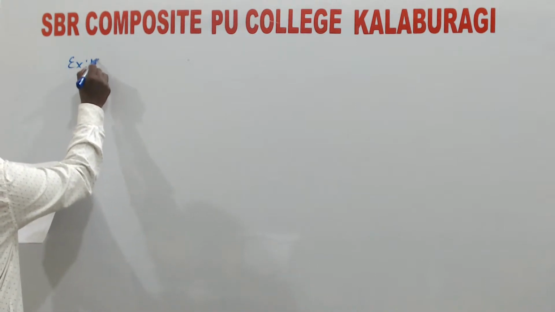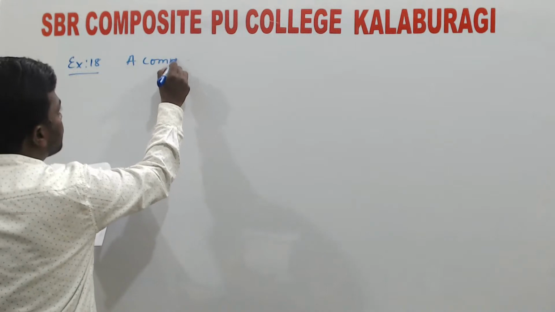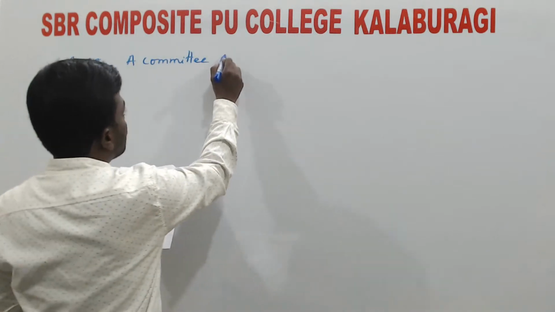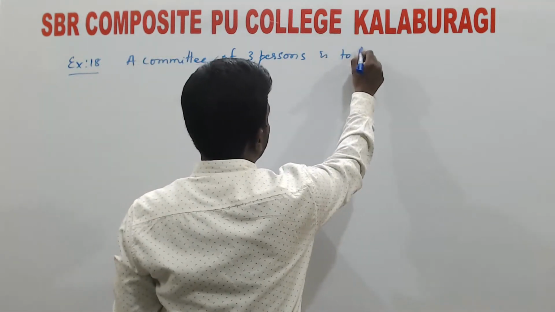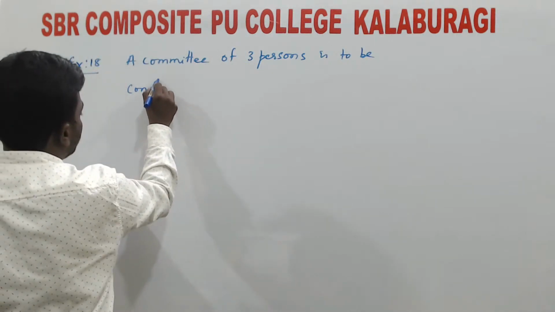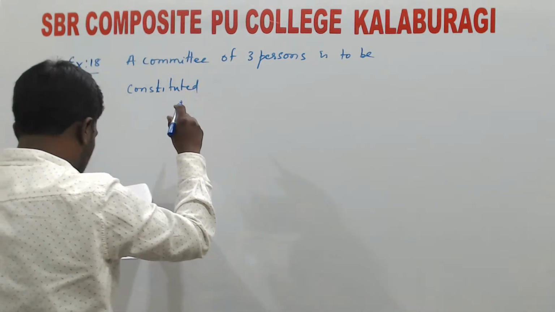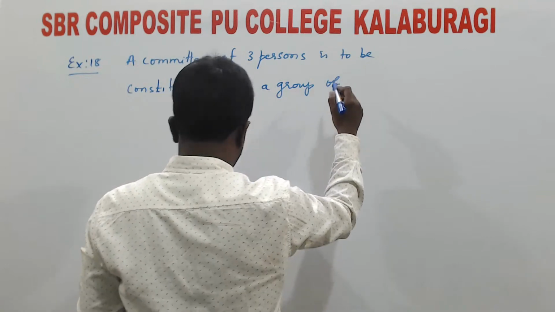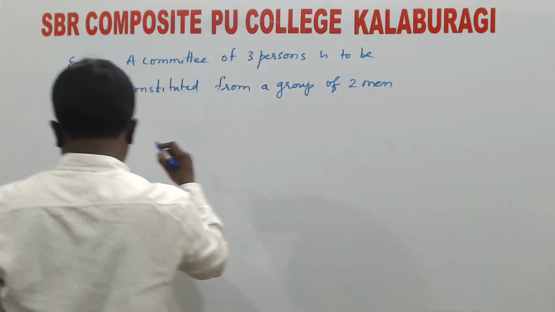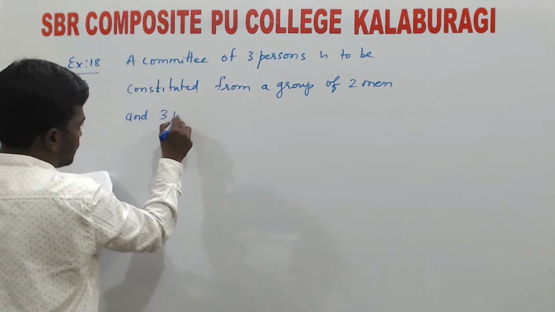So the next example is example 18. A committee of 3 persons is to be constituted from a group of 2 men and 3 women.